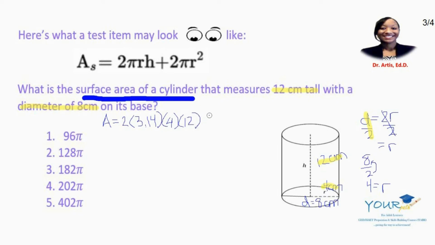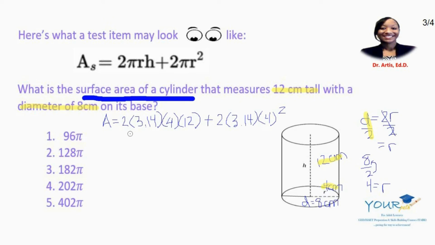Then we're going to add the first half of the formula to the second half, which is 2 times pi again, which is 3.14, times the radius, which is 4, and we're going to square it. So now we're able to solve for our answer.